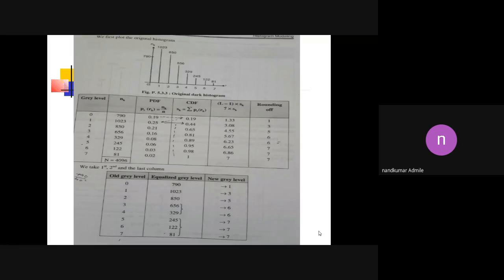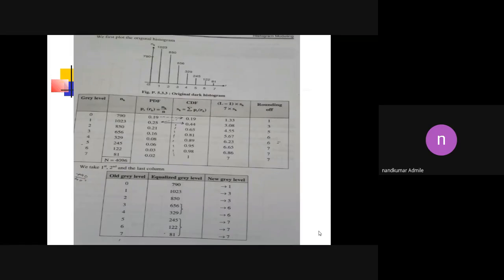The next number is 3.08, again less than 0.50, so we round off to 3. Next is 4.55, we round off to 5. 5.67 we round off to 6. Clear?